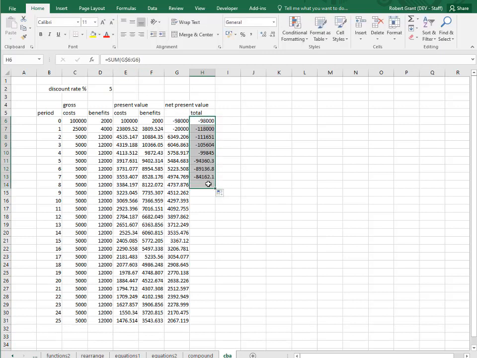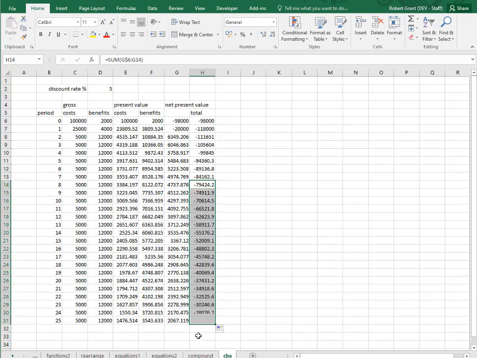The reason you do that is that as you copy it down, it stays fixed, and that gives you the total. So you're making loss, making loss, making loss, making loss. So actually, gosh, it seems we're making a loss all the way down because the future discounted stream is valued so highly. So it seems it's going to take a number of years for this to break even. Let's keep going.